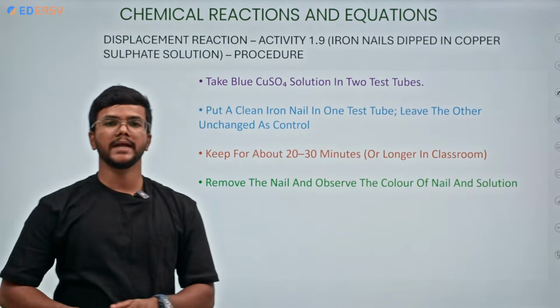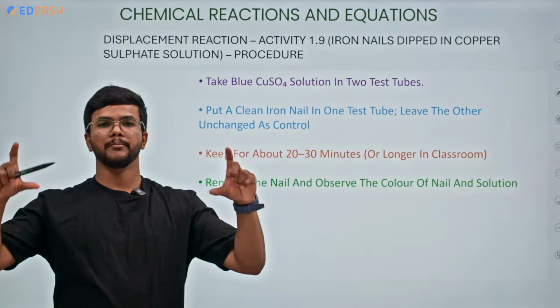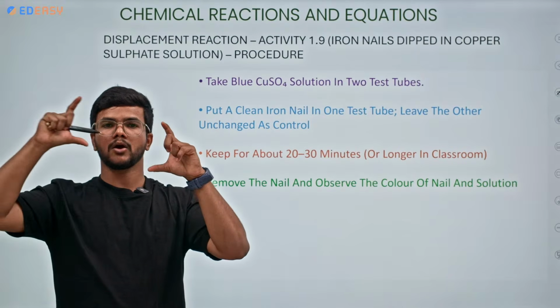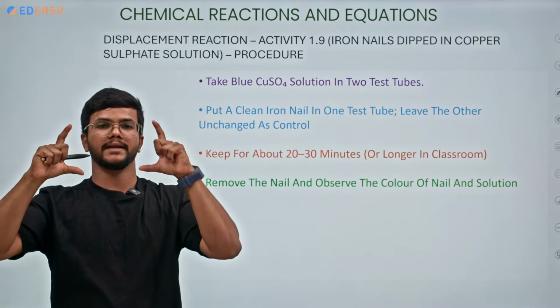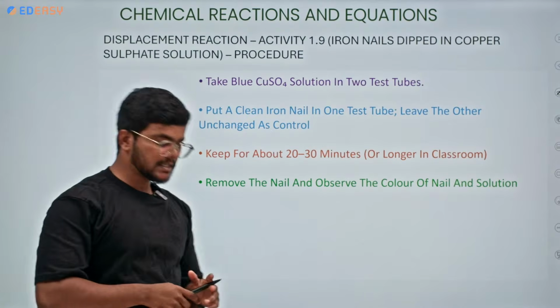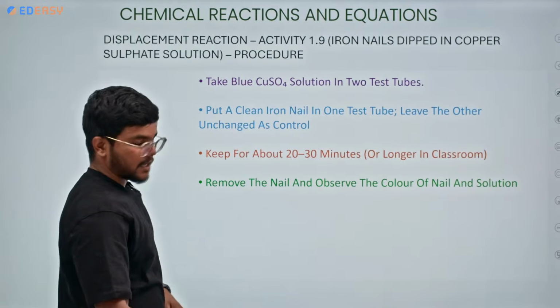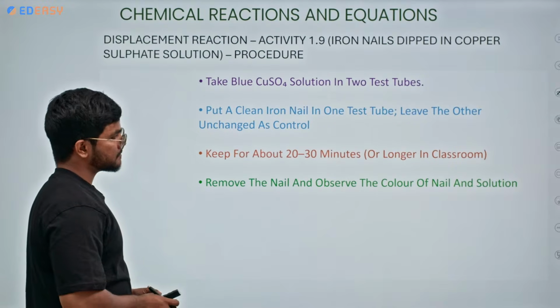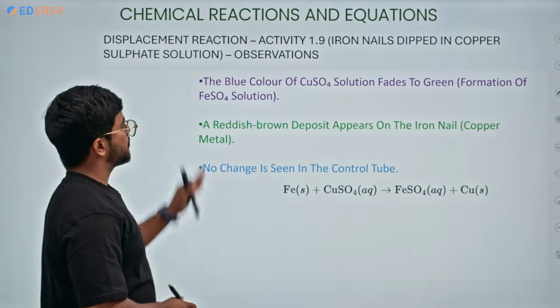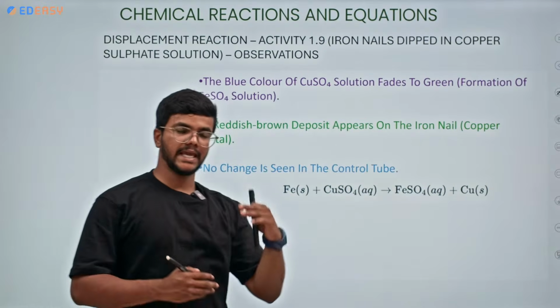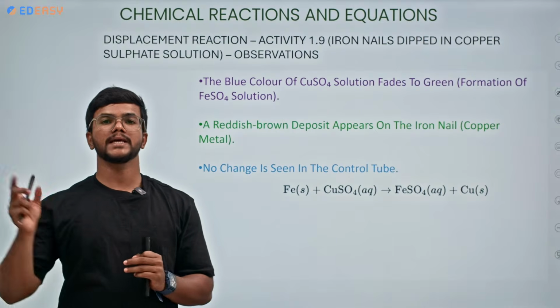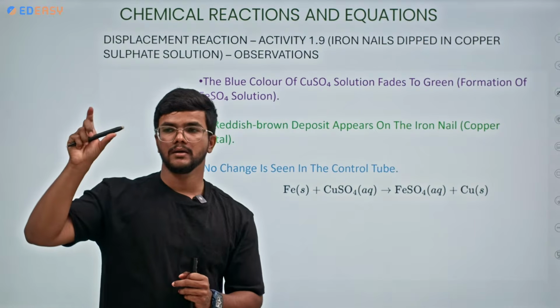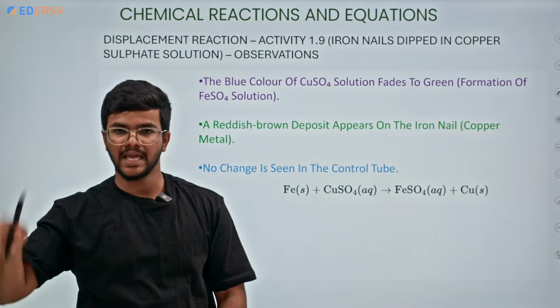After finding a color change, just compare the two solutions, the pure copper sulfate solution and the copper sulfate solution with the iron nail dipped. So what is the difference? Here the observations are: blue color copper sulfate changed into green color in which the iron nail is dipped. Whereas the pure form of the copper sulfate will be the same blue in color.